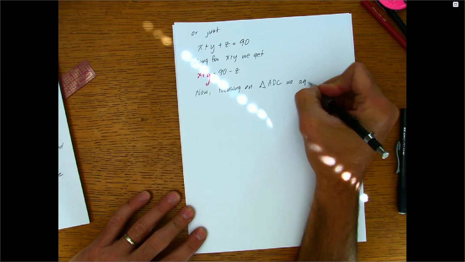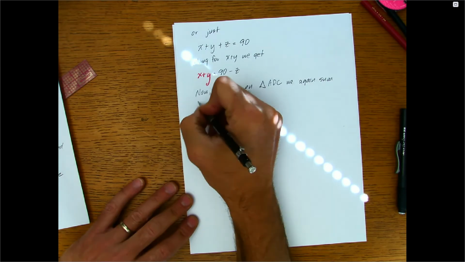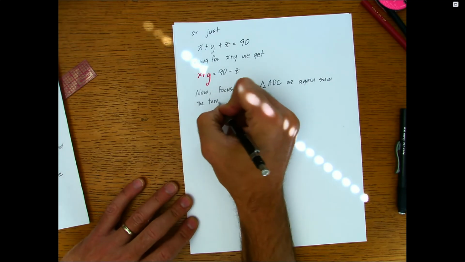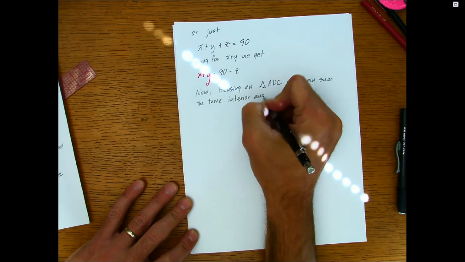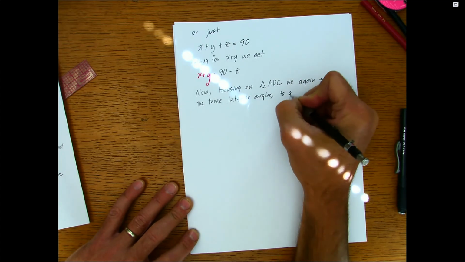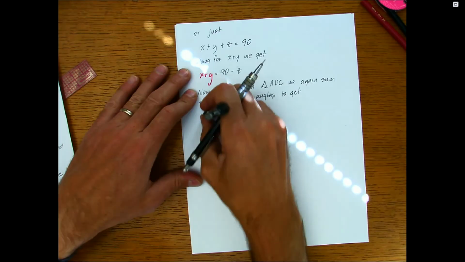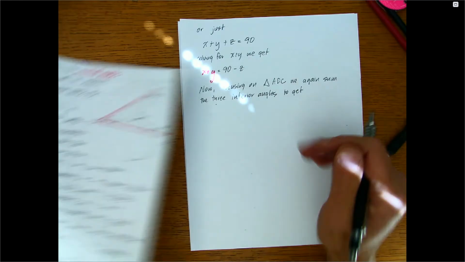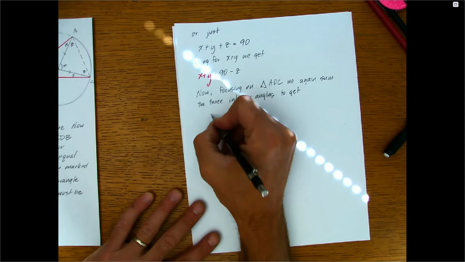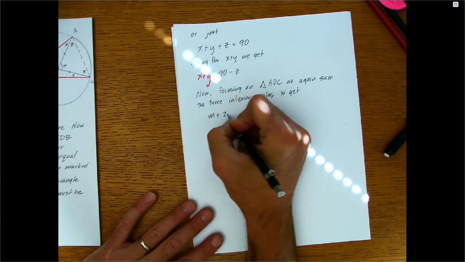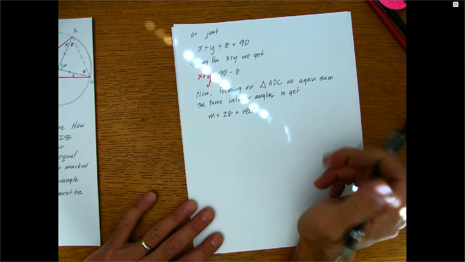We again sum the three interior angles to get what? Well, we get X. No, we don't. I just looked at the drawing. It doesn't have any x's in it. It's got two z's and an m, right? So it would be m plus 2z. That's going to sum to 180 degrees.